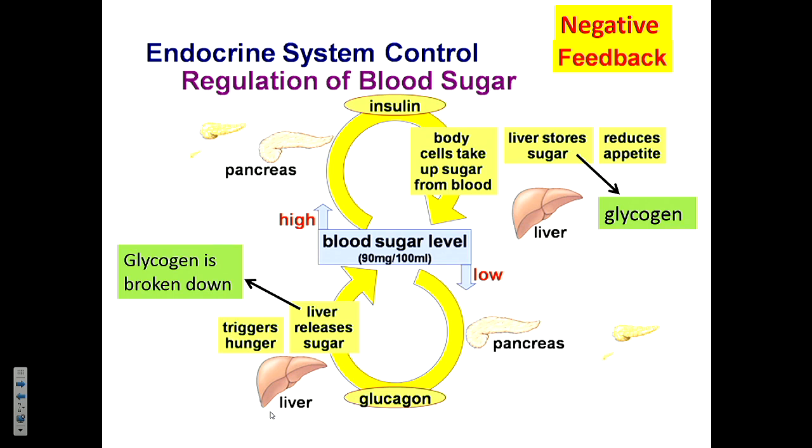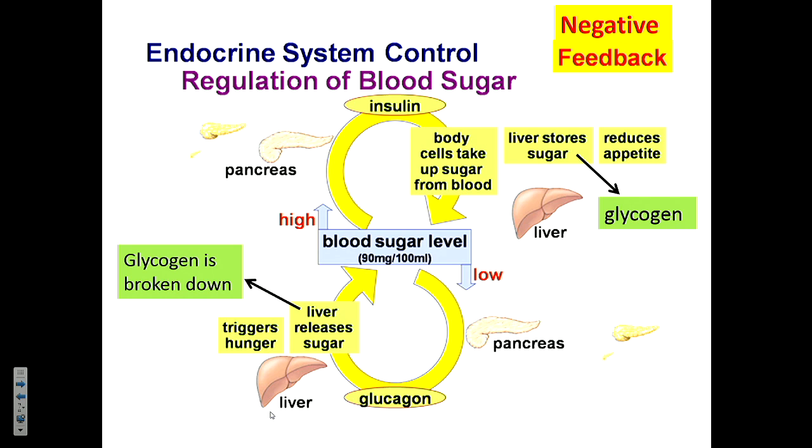Now, on the contrary, if we have a low amount of blood sugar, we're going to release something called glucagon from the pancreas, and that essentially is going to cause the liver to release the stored sugar and break down the glycogen. And how this works as negative feedback is that if glycogen is being broken down, no more is being made.